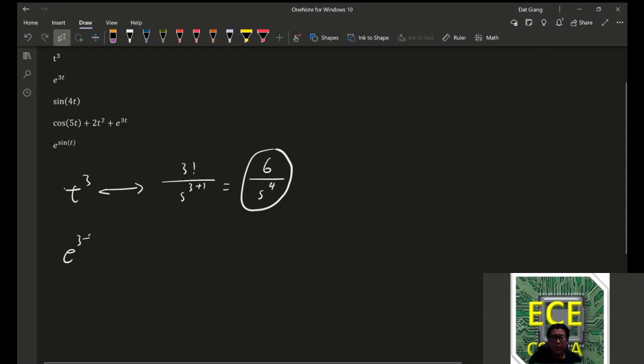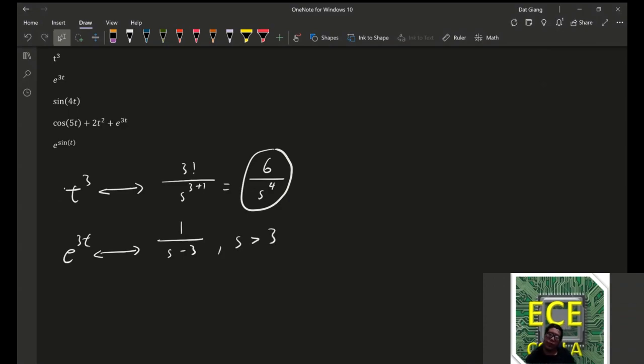e to the 3t is 1 over s minus 3. Now this is not necessary for us to add the condition. We kind of take it for granted that it's true, but it is important that we do so regardless.